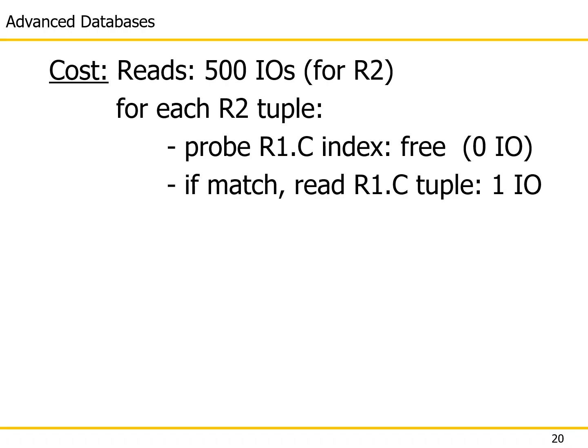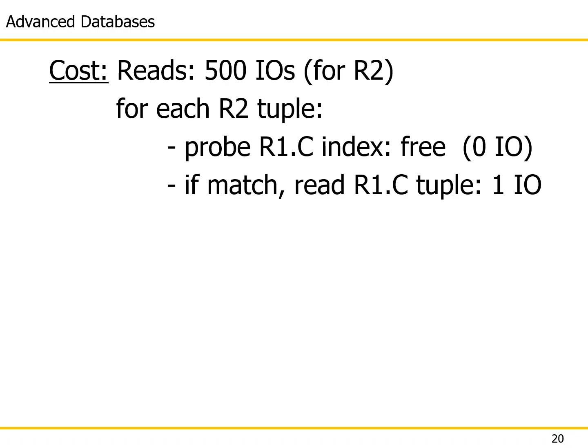So I go into R1.C with 700 and the index tells me yes, and here it is. It's on a completely different page than the one that had the 20. So I read that page to get the tuple for 700 to include it in the result set. This continues on, so every time I go to R1.C and find a match, I am paying 1 IO to read the page that has the tuple.